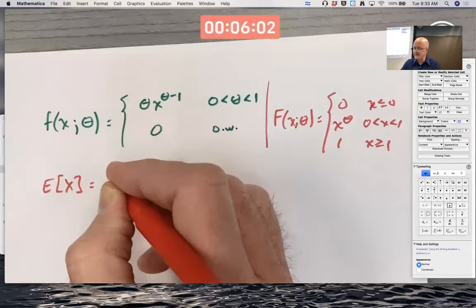Okay, so how do you do the method of moments? When you've got this equation relating, in this case, the first moment to the parameter, replace the theoretical moment, the expected value, with a natural estimator for it, x bar, or if you prefer M1, and replace theta, the parameter, with theta hat, the symbol for its estimator.